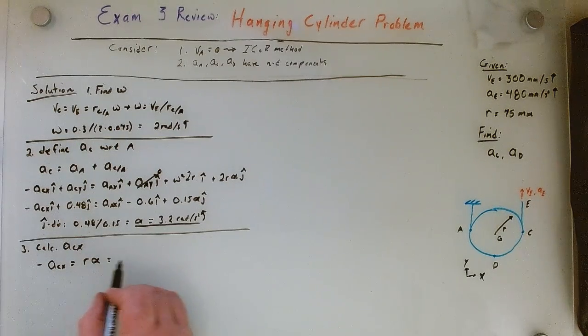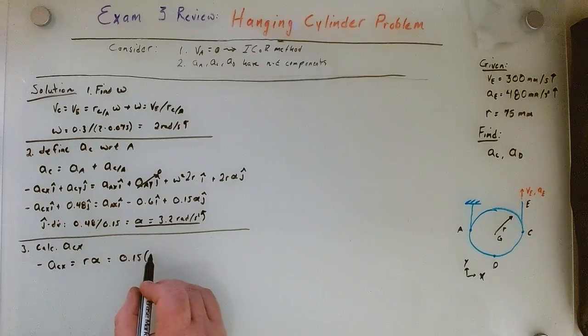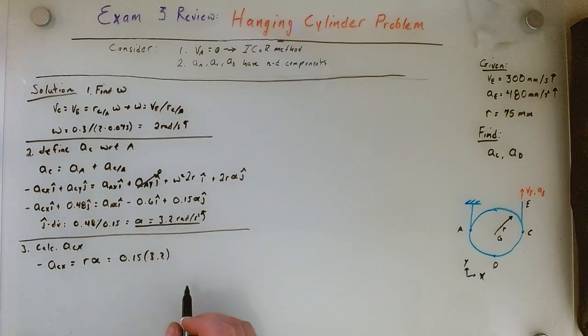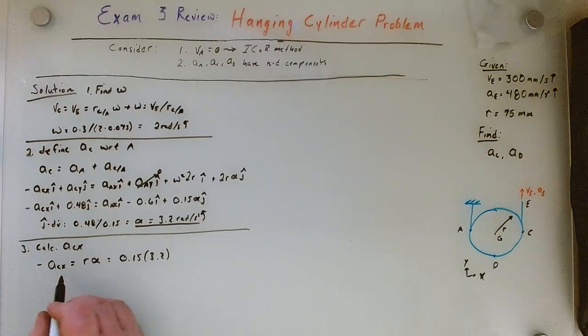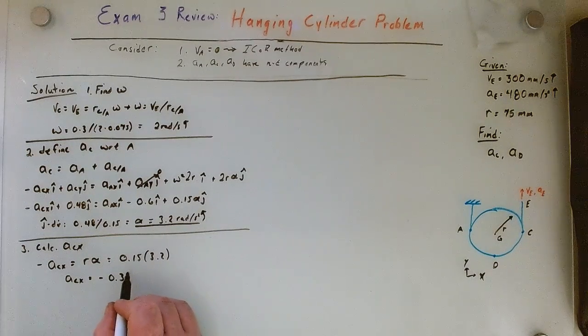And that is equal to 0.15 times 3.2, which gives us that ACX is equal to minus 0.3, and that is in the i direction, right?